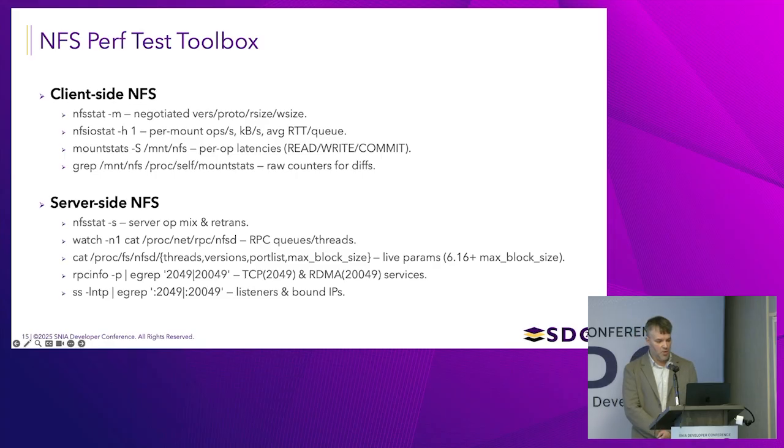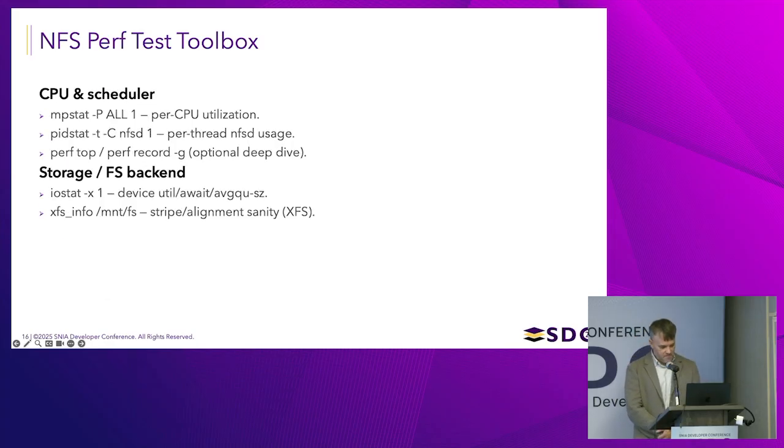Of course, I used all these tools during my tuning procedure, and I also had to utilize standard Linux tools like mpstat, pidstat, perftop, iostat to observe that the system is not overloaded and everything is going well.